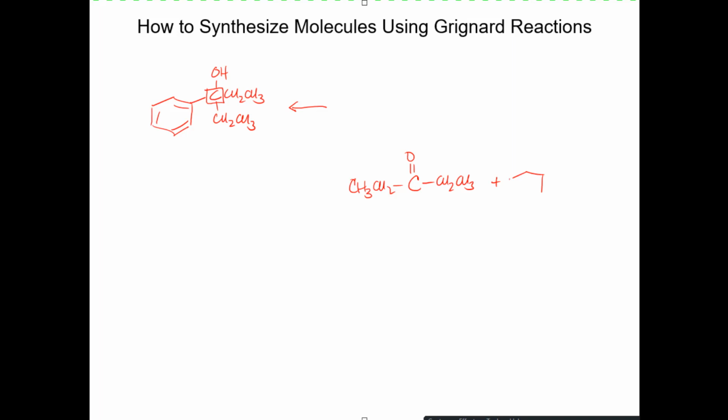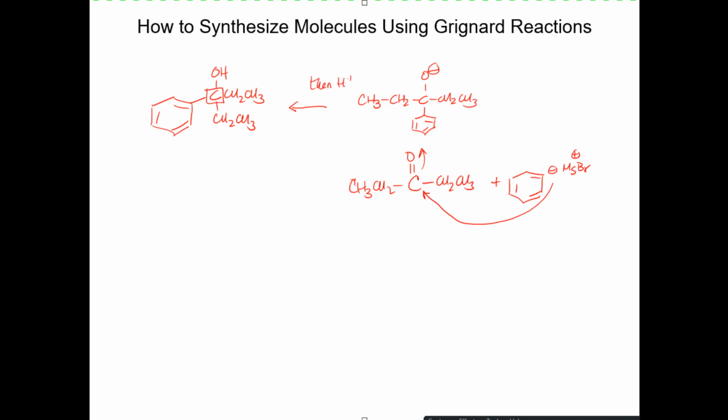And what was my Grignard? My Grignard was that carbanion with the C- MgBr plus. So the C- comes in and adds here, to give me that alkoxide, and then what would I do?